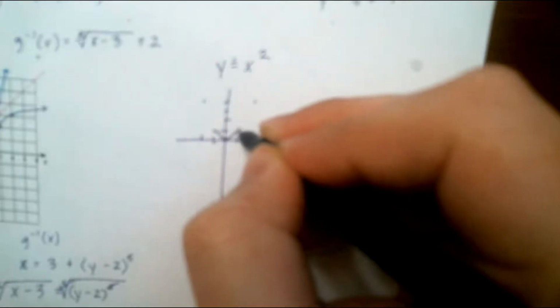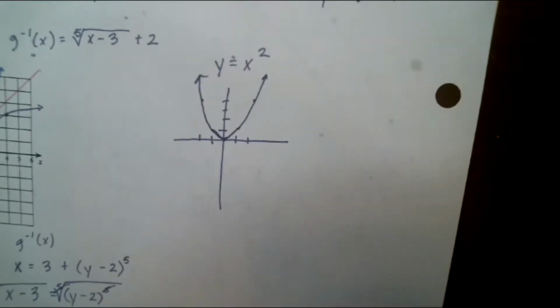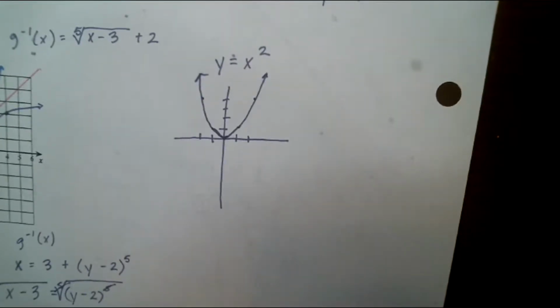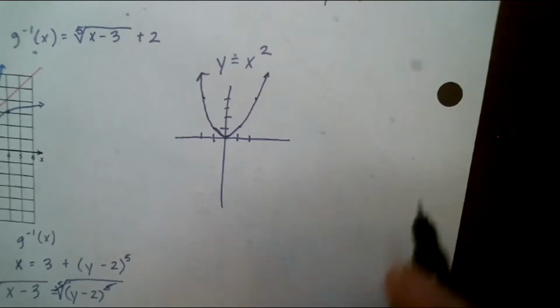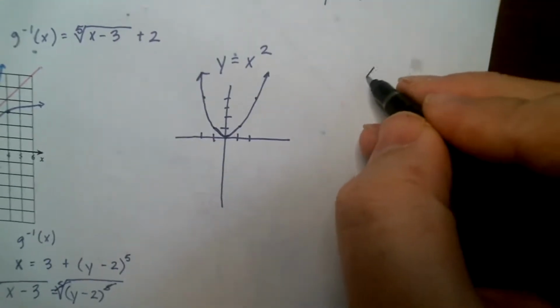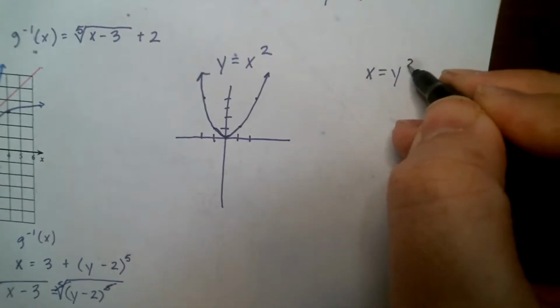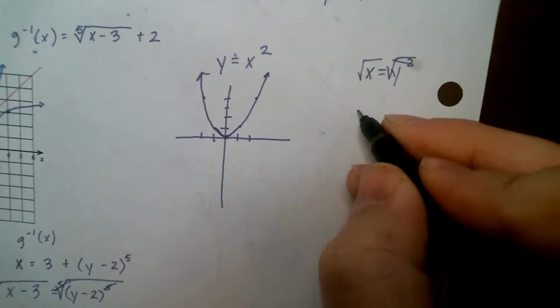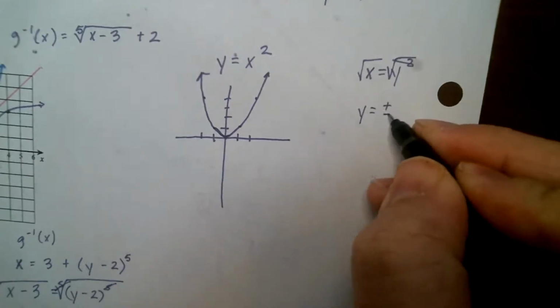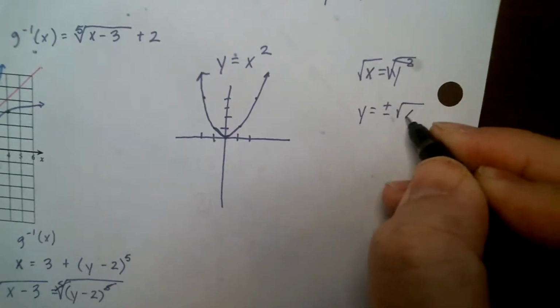But the question is, what does its inverse look like? Its inverse would just be switching these: x equals y squared. So do the square root of both sides, and that would be y equals plus or minus radical x.